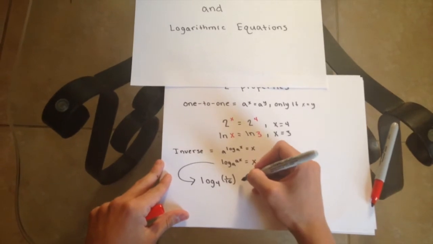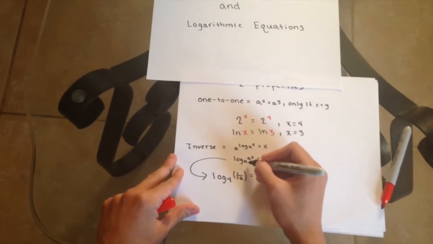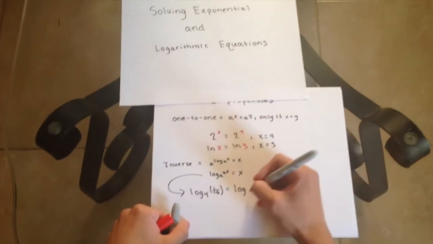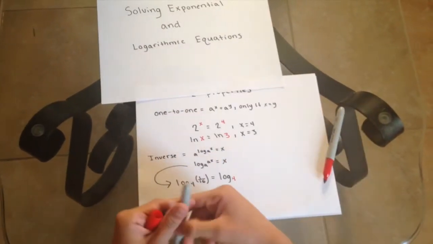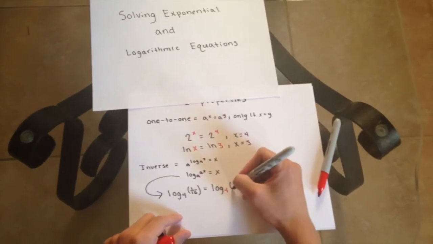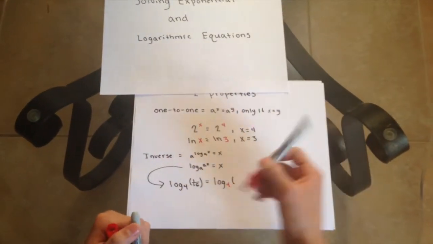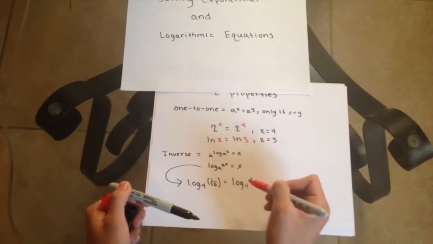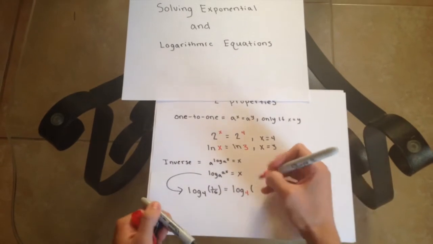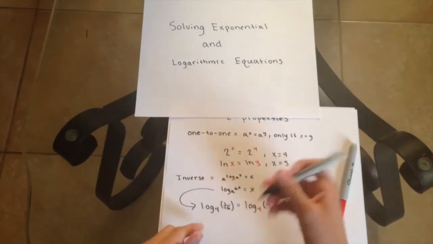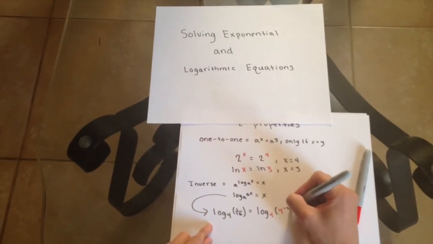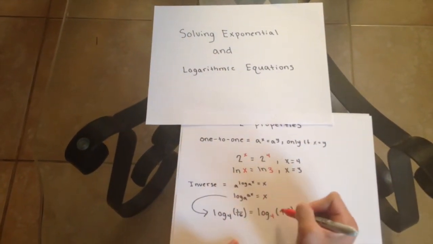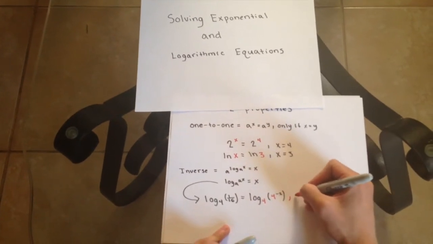So what we would have to do is get two bases that are the same, a and a. Since we have to get the same base, what number is equal to 4? Well, it's obviously 4, so we need 4 to the negative 2, and the property is complete. Therefore, x is negative 2.